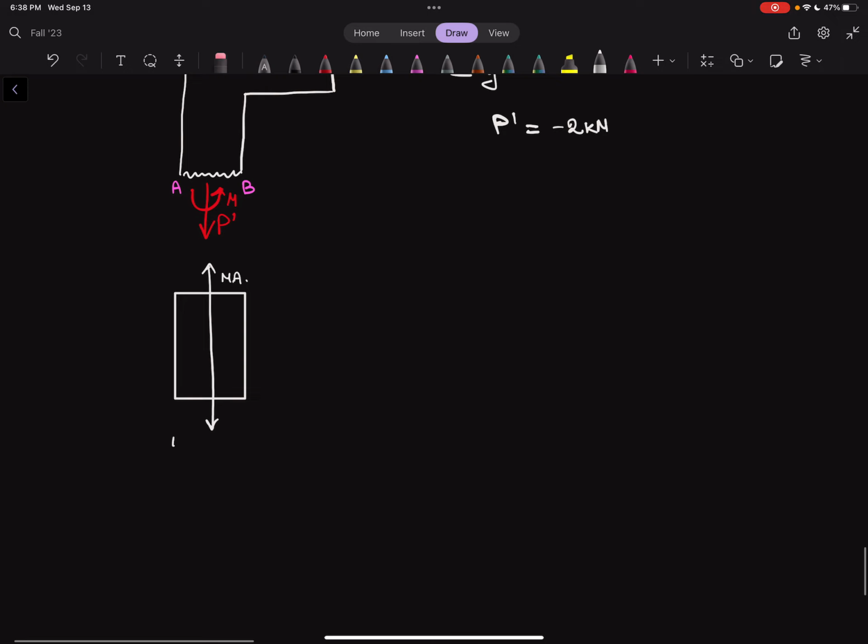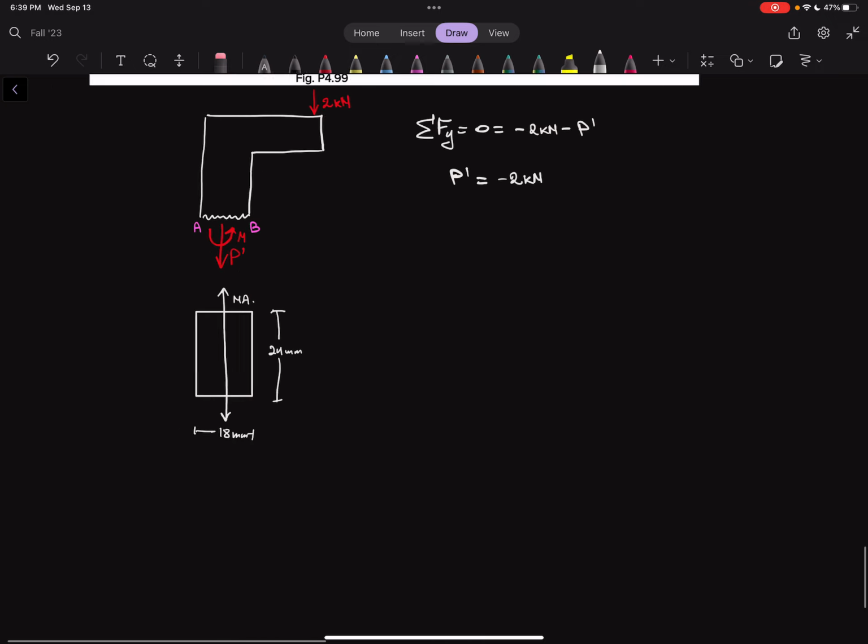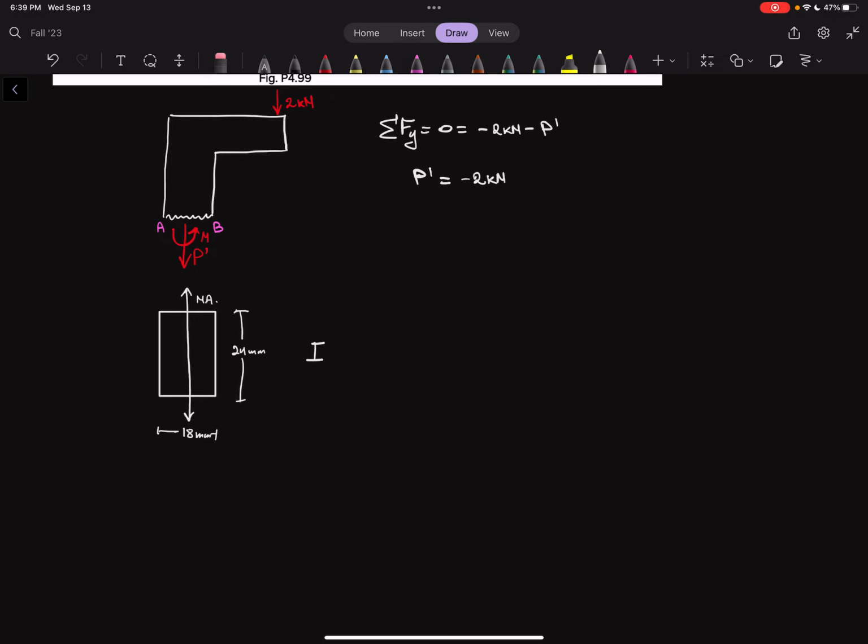And so this is my 18 millimeters, and this is my 24 millimeters. So what am I going to do with this? Well, I'm going to calculate I about that axis, the neutral axis I just showed, which is going to be 1 over 12 times 24 millimeters times 18 millimeters to the third.